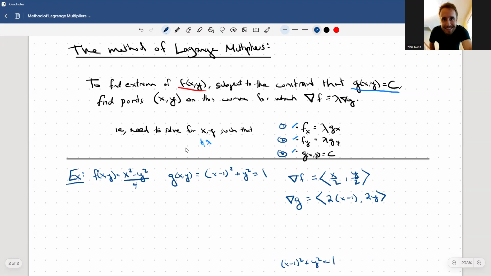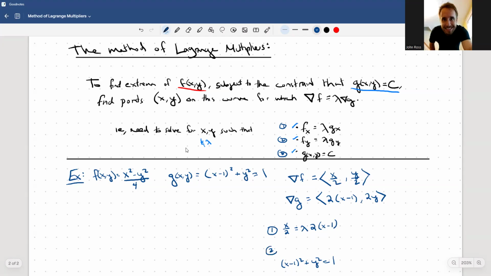And so this is just going to be x over 2 equals lambda times 2(x minus 1). All right, and we'll simplify this later. For now, I'm just writing down the equations. So that is my first equation.